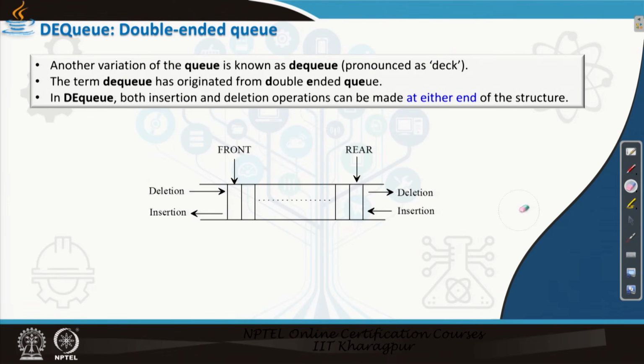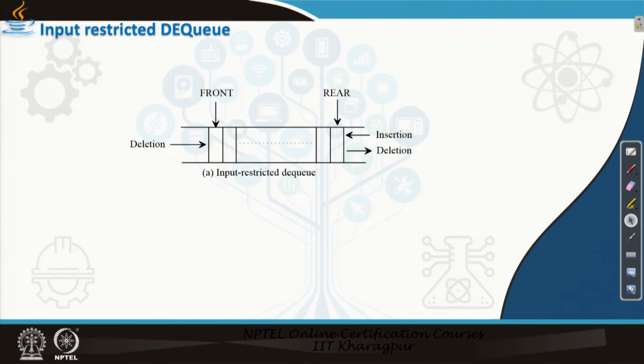So, in order to make it a little bit stringent, there is a computer science concept: let us restrict the insertion and deletion, let us allow it, but not both operations at both ends. So, this way we can have some restriction. The restriction can be in two ways, one is input restriction and the other is output restriction.